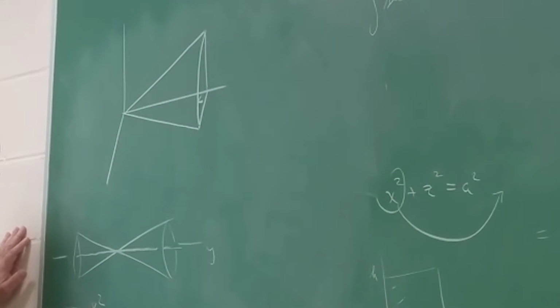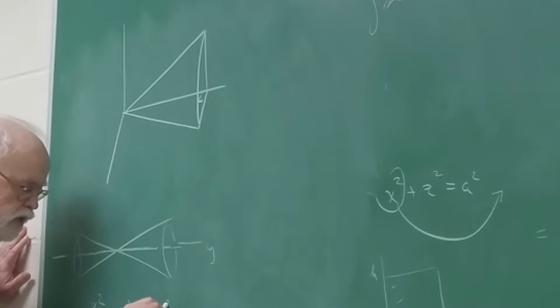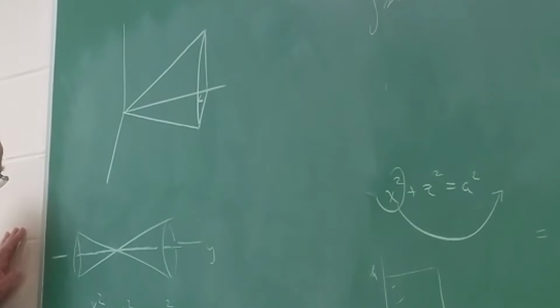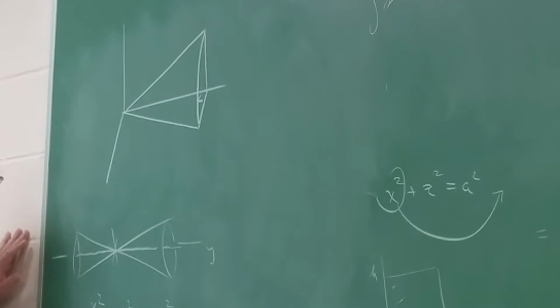So I'm going to have x squared over a squared and y squared over b squared and z squared over c squared. And how do we make this one different from the others? Y is negative, okay. And I'm going to put A and C equal. And guess what B is going to turn out to be?